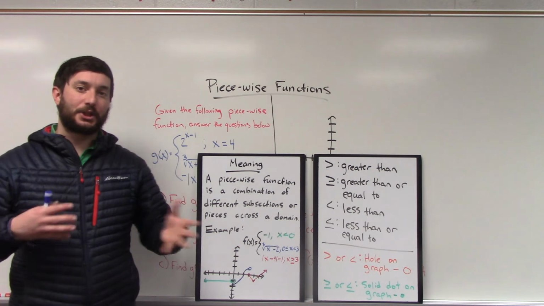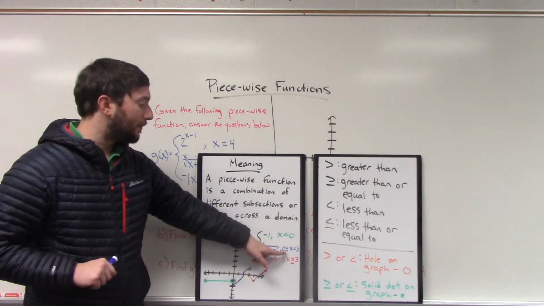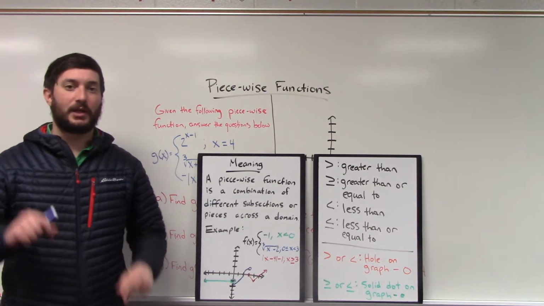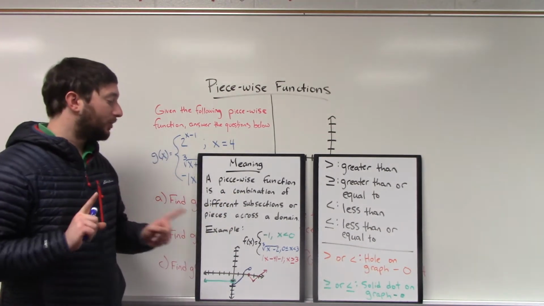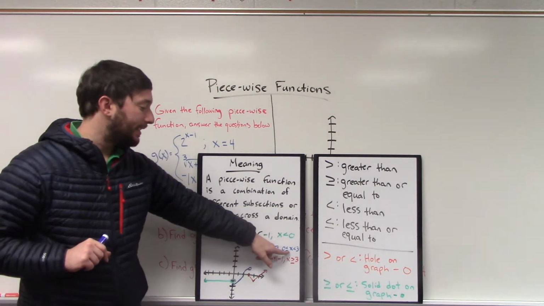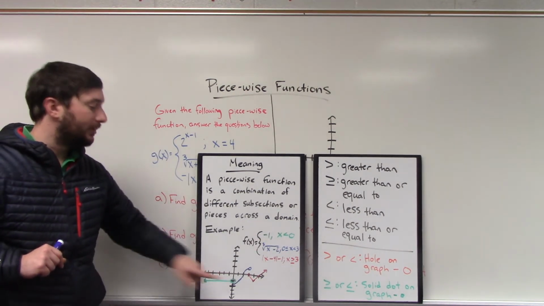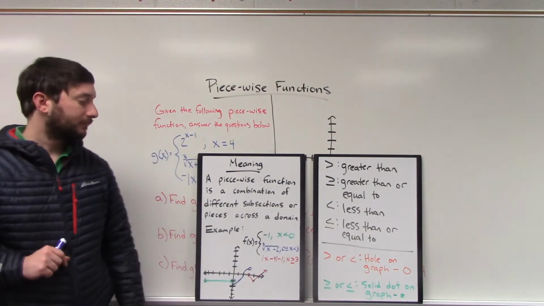But that S shape is only going to show up between 0 and 3. Now one of these will have a hole and one will be a solid line. So we have to know which one is which. Remember, anything that has a solid line underneath, so on top of 0 we'll have a solid line, for a greater than or equal to or less than or equal to symbol.